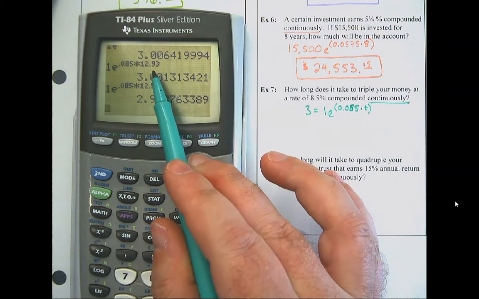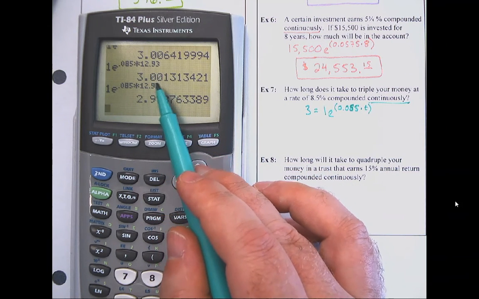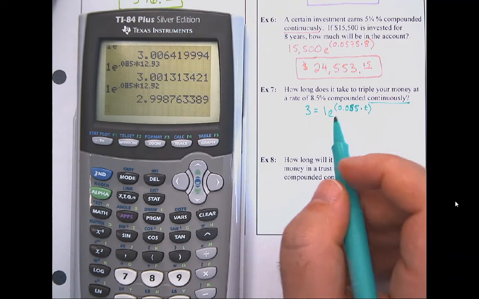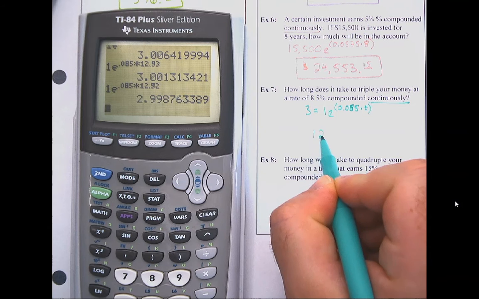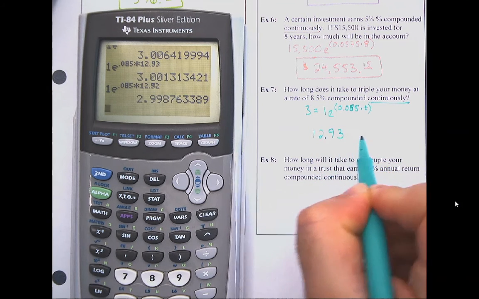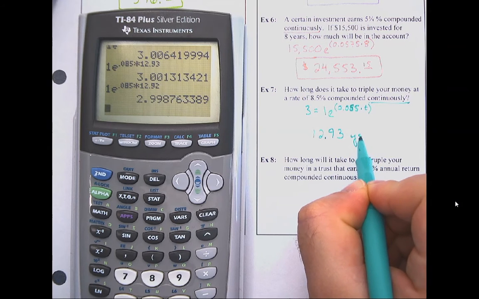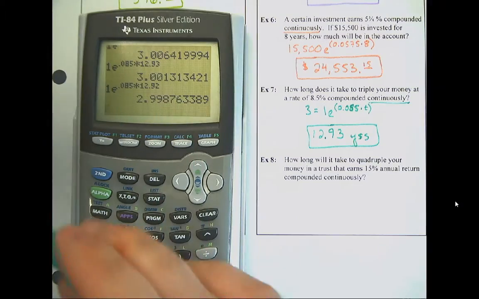So there's my number. 12.93 is the first number with 2 decimal places that gets me over the $3 number. So my answer would be 12.93 years.